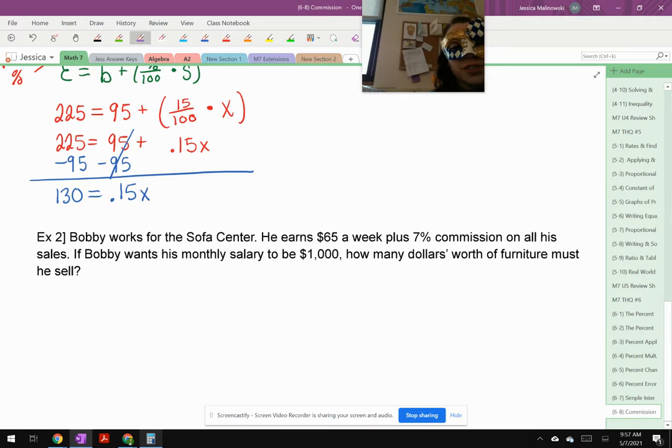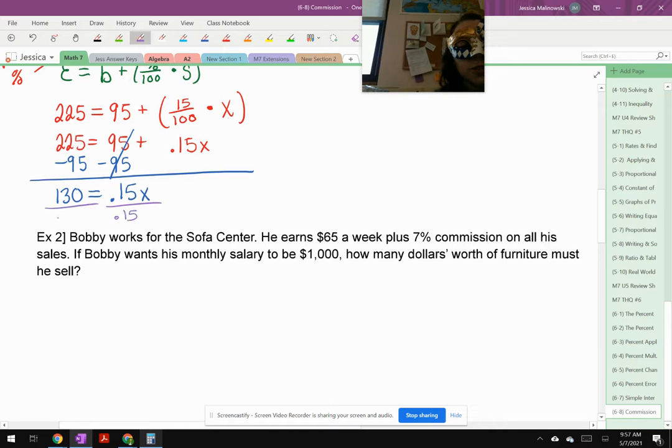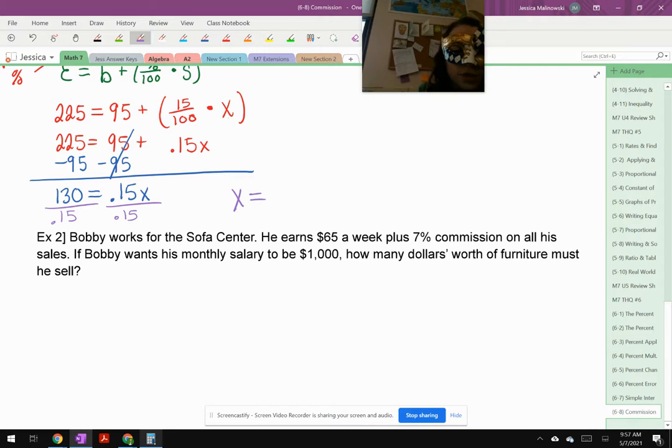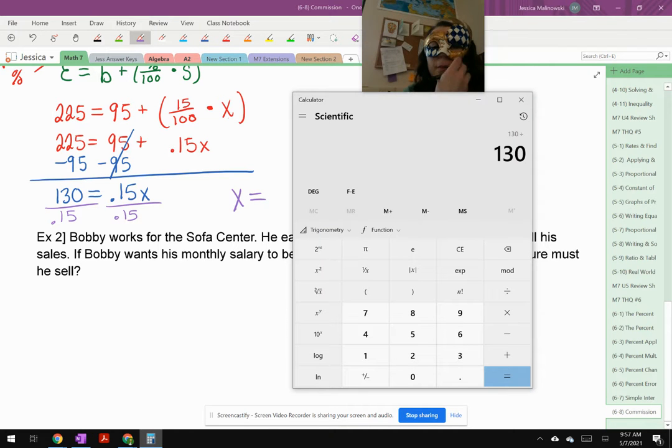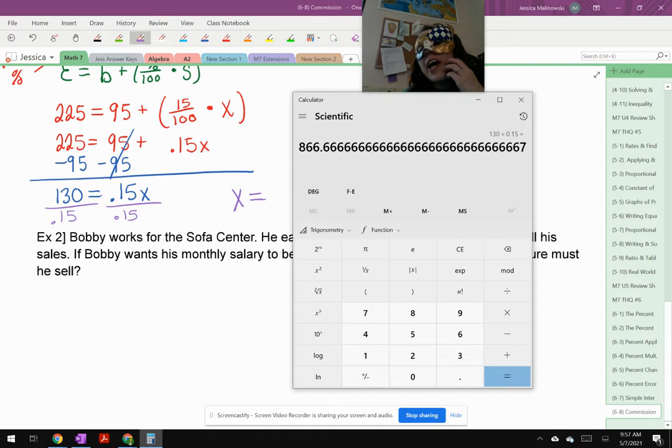That 0.15x is being multiplied by x, so the inverse of multiplication is going to be division. So I'm going to get my final answer by doing 130 divided by 0.15, and again, write the decimal down, then round.